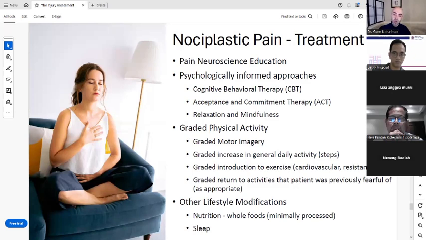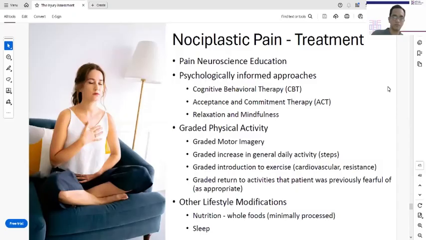Then you're going to want to incorporate psychologically informed approaches and acceptance and commitment therapy.